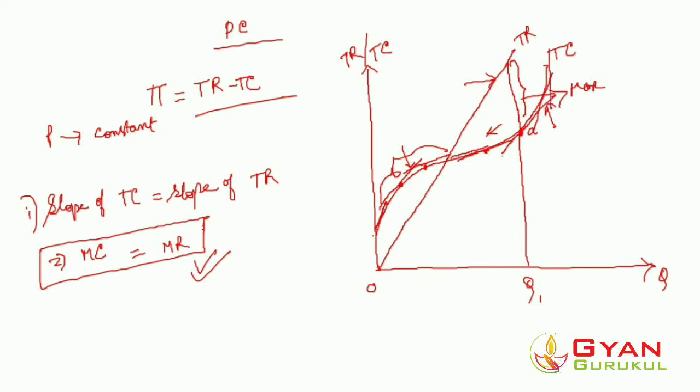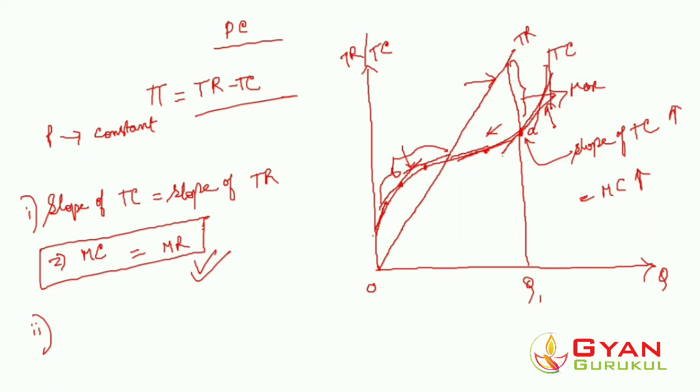That means the slope of total cost is increasing. At point A, we have seen that the slope of TC is actually increasing, right? That means the marginal cost is increasing.